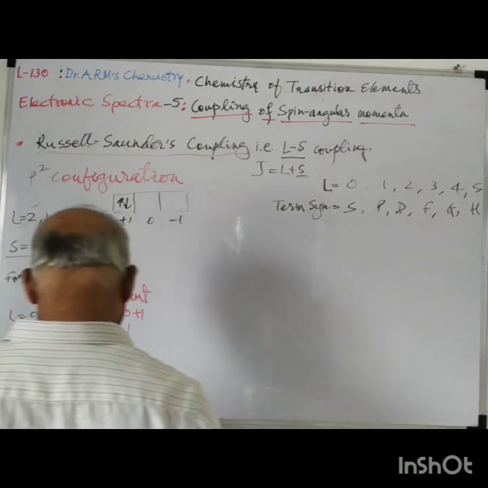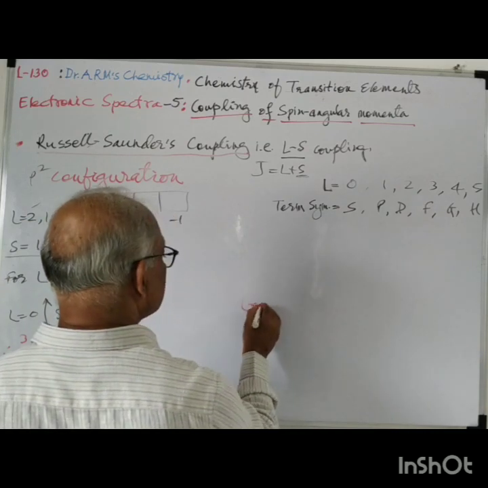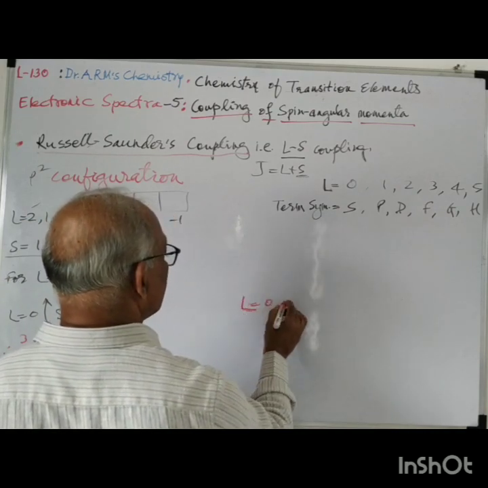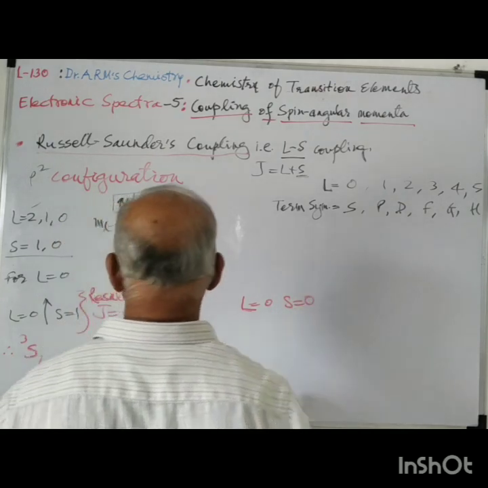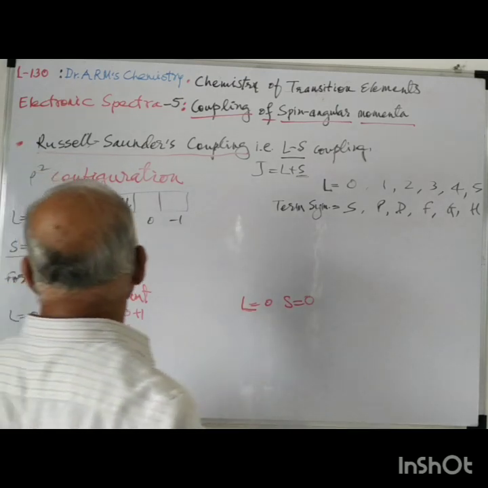Then for the other type of combination, we can have L is equal to 0 and S is equal to 0. Means L is equal to 0, and we have two combinations here.